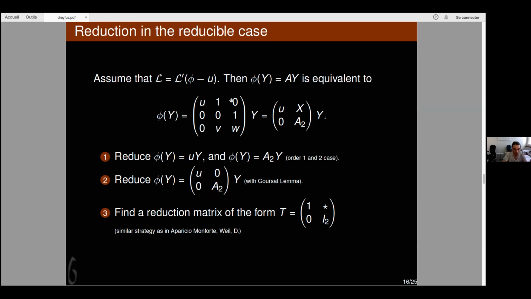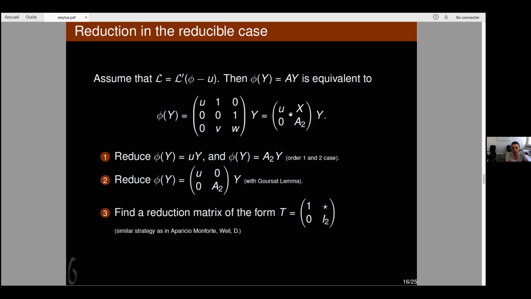And let me present general results that permit you to reduce a system which is block triangular. So this general approach totally follows what we did in the differential case. So first of all, we reduce the block diagonal matrices.